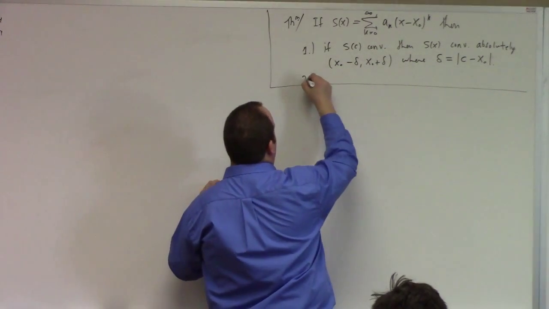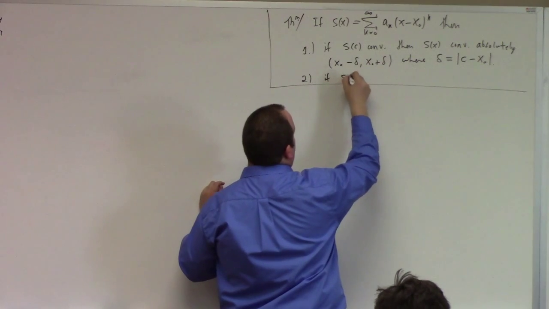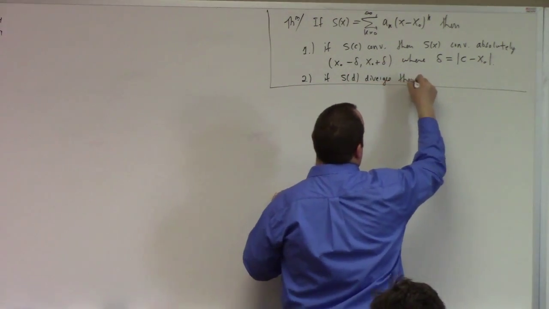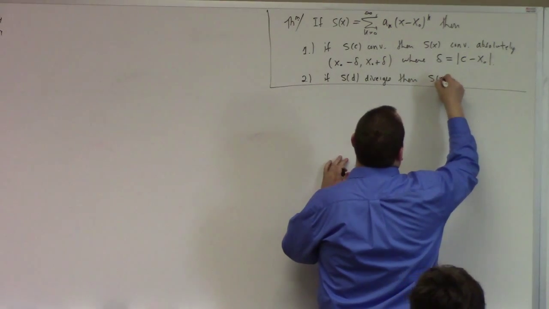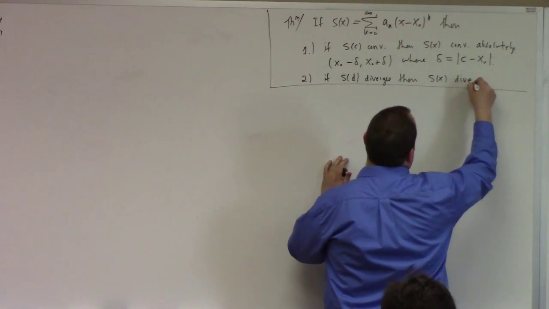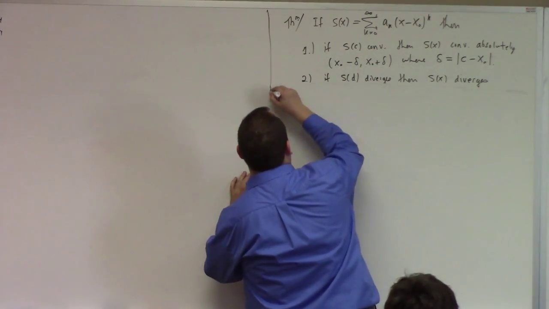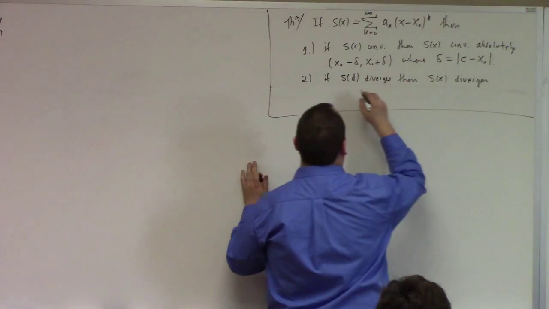And then 2: if S of d diverges, then S of x diverges. What I'm saying is there's nothing special about 0 in the previous theorem.